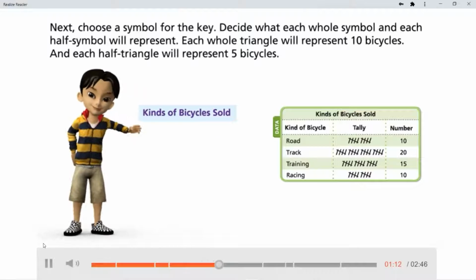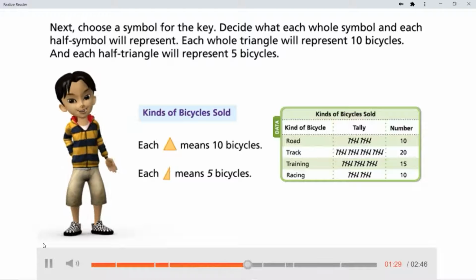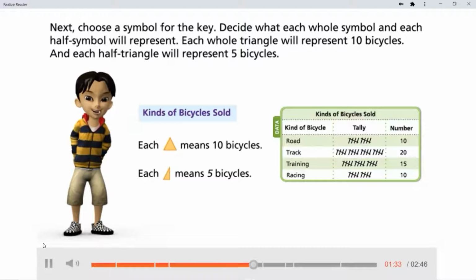Next, choose a symbol for the key. Decide what each whole symbol and each half symbol will represent. Each whole triangle will represent 10 bicycles, and each half triangle will represent 5 bicycles. A half symbol is used to represent 5 bicycles because 5 is half of 10.